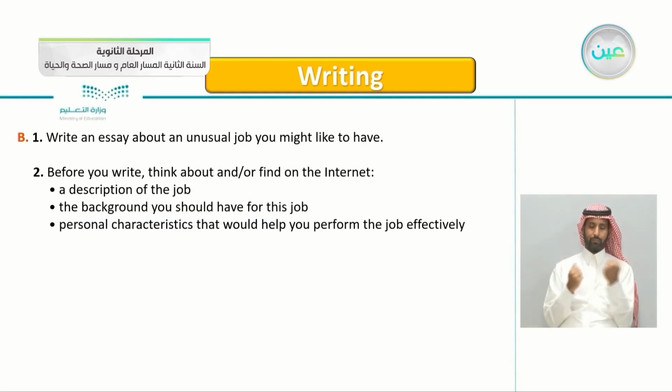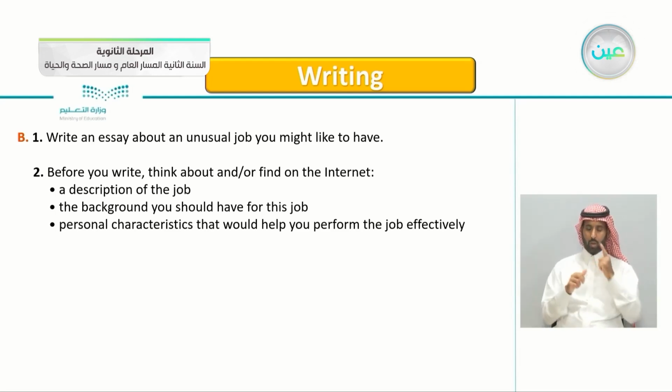Exercise B here. Write an essay about an unusual job you might like to have. Before you write, think about and or find on the internet a description for the job. Try to look for a description for the job. The background you should have for this job. What should you have? Your qualities for this job.